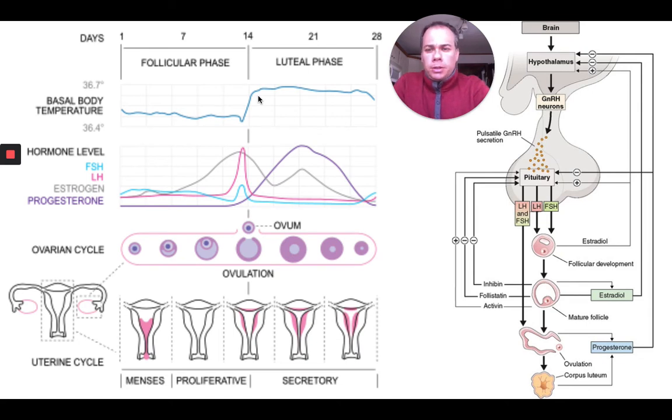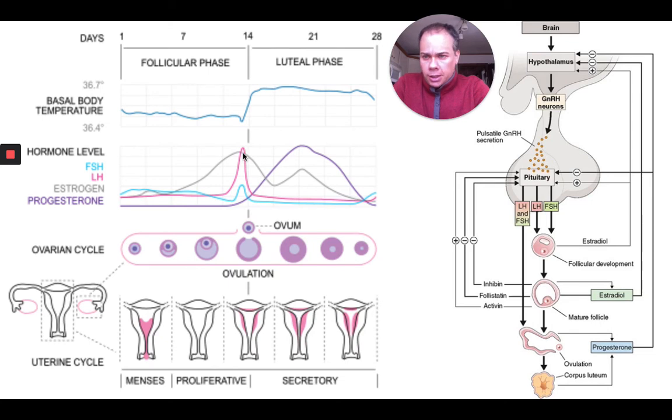This next graph shows the level of those 4 hormones associated with the reproductive cycle. We see FSH in blue, LH in pink, estrogen in gray, and progesterone in purple. Again, you see that they peak. Progesterone peaks later in the cycle.